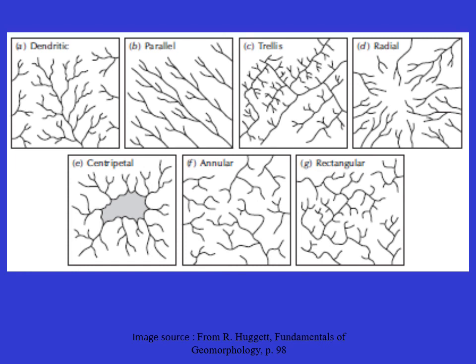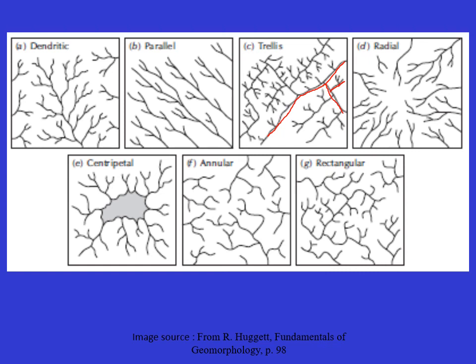The next type is the trellis, where the dominant drainage direction and the secondary direction, if you see, this one is one drainage direction and the secondary direction, are mutually perpendicular, or at right angles to each other. So the primary tributaries join the mainstream at right angles, and the secondary tributaries almost run parallel to each other.